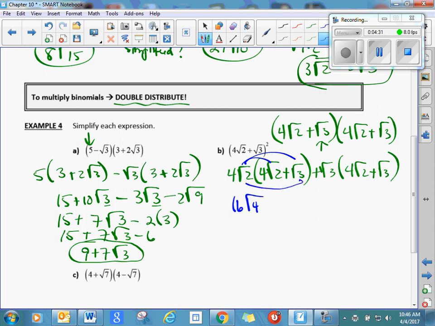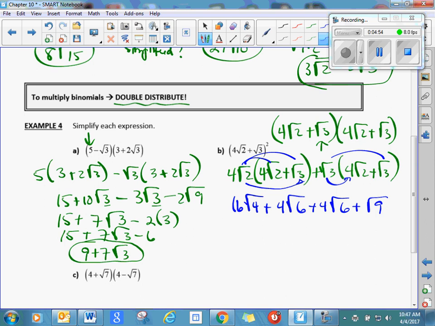And then this guy times that guy is 4 radical 6. This one times this one is another 4 radical 6. And the last one is radical 3 times radical 3, which is radical 9.